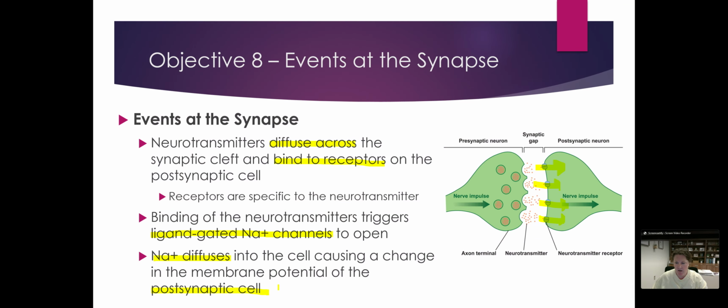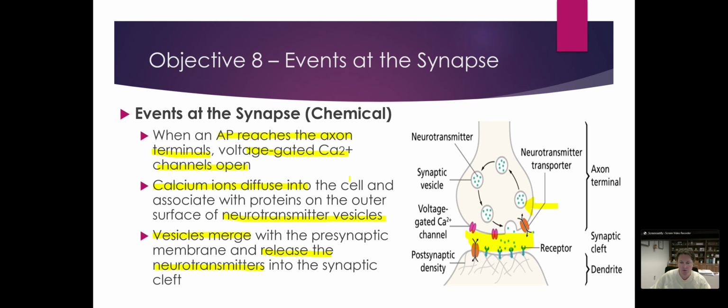So if you break it down into simple steps, let's go through it one more time. The AP reaches the axon terminal. Calcium channels open. Calcium rushes in, interacts with the vesicles, causes the vesicles to fuse with the membrane and release the neurotransmitters.